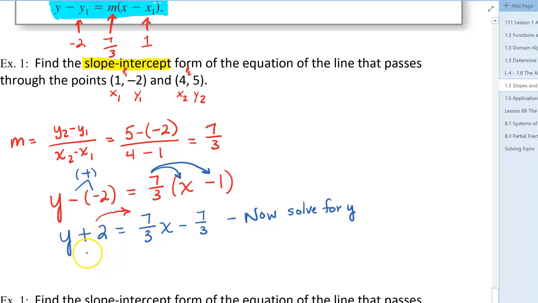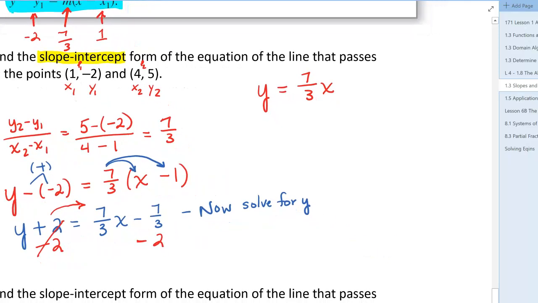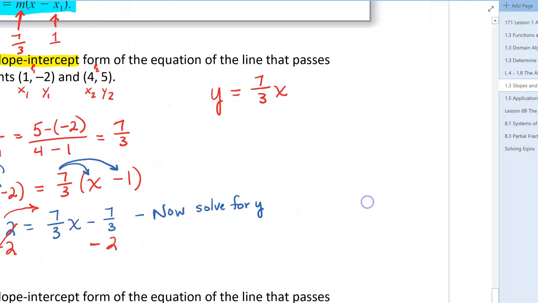Since it's plus 2, I'm going to do the opposite, or subtract 2. This 2 doesn't have an x in it, so I'll be subtracting it from the constant term, 7/3. So these are going to cancel, which is going to give me y equals 7/3 x, and then -7/3 minus 2. Let's do that work over here.